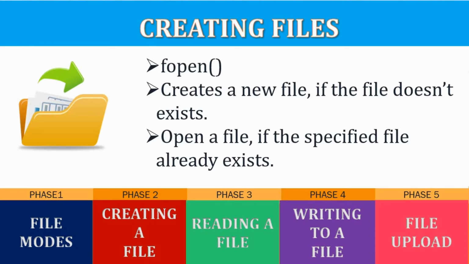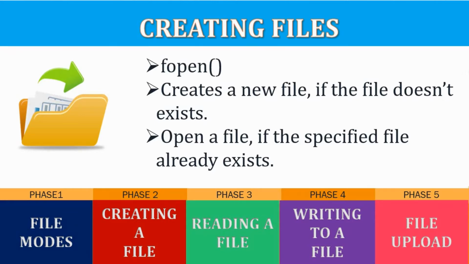After that we can have a demonstration. To create a new file, you have to use fopen() with write mode, whereas to open an existing file, you can use fopen() with read mode.